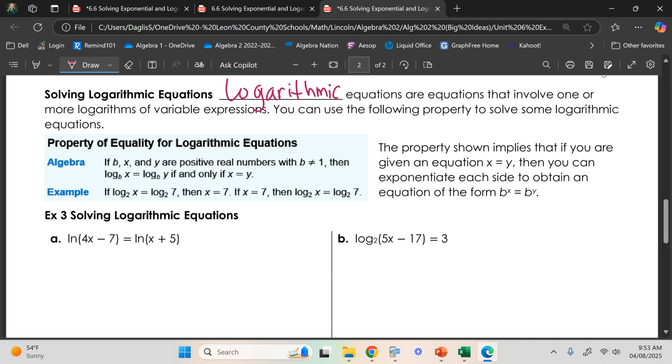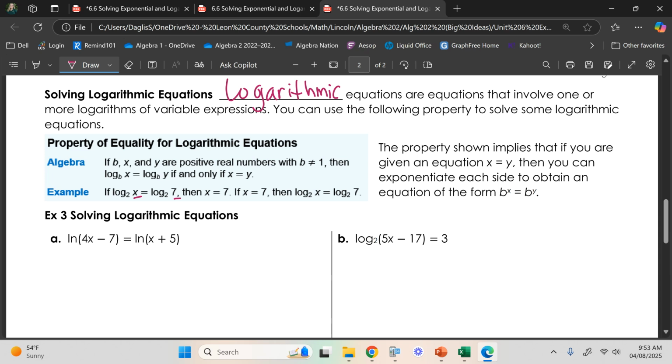Before we had the property of equality for exponentials, and you also have a property of equality for logs. If you have a log equals a log and they have the same base, we can do the same idea of getting our values equal to each other. So here I could just say x equals 7.